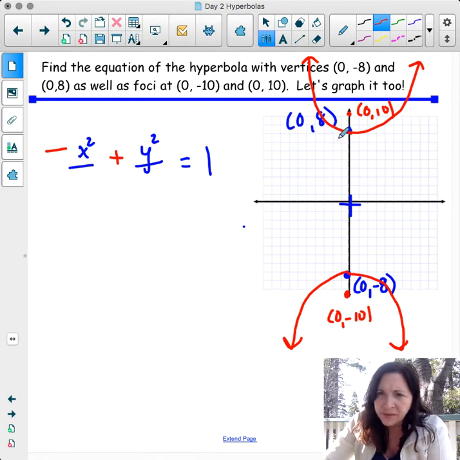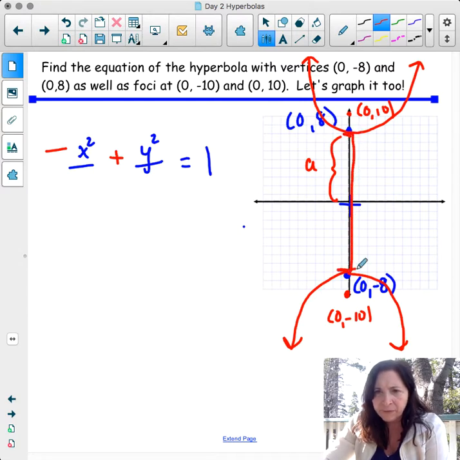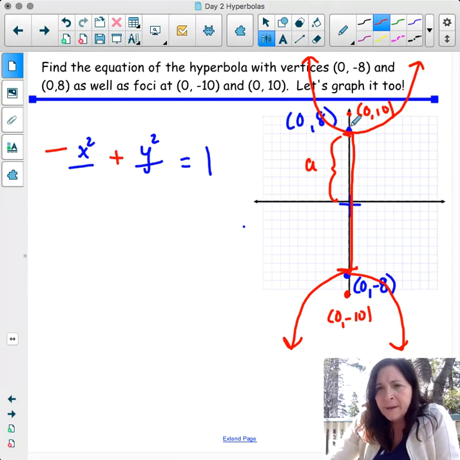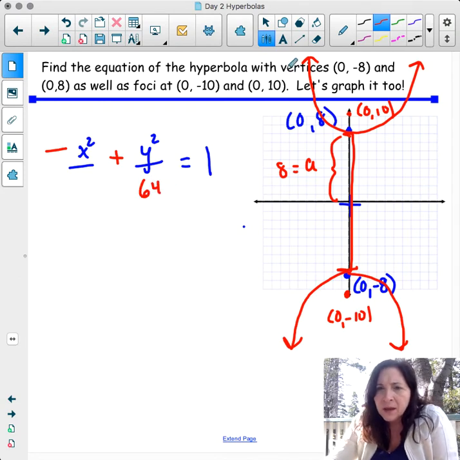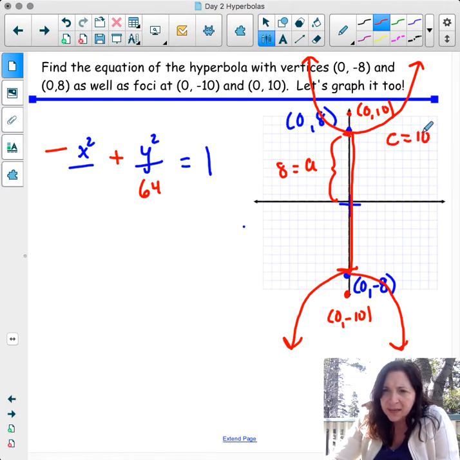Additionally, this value right here is my a. This value from here to here is what we call the transverse axis. So from 0 to here, that's a, which is 8. This is in the y direction, so 8 squared would be 64. I know my focal points are at 10 and -10, so c is equal to 10.